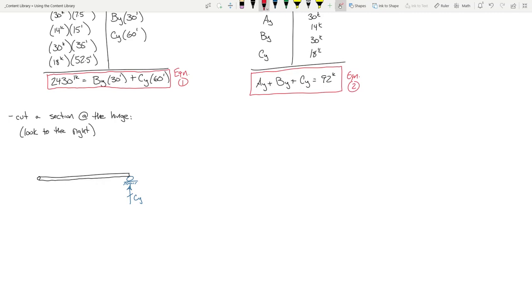I have my distributed load, which, let me take this diagram. The beauty of doing this on a screen as opposed to a whiteboard is you can just start to move it. So this is 1.2 kips per foot, okay?